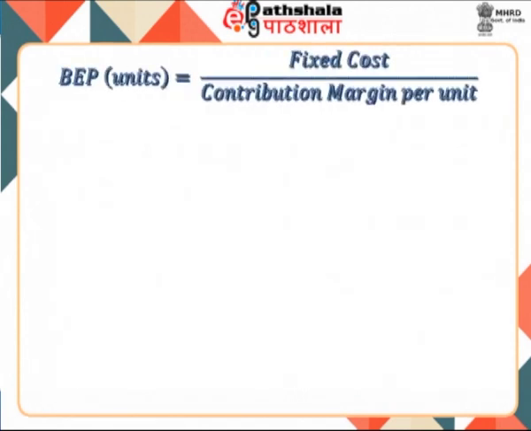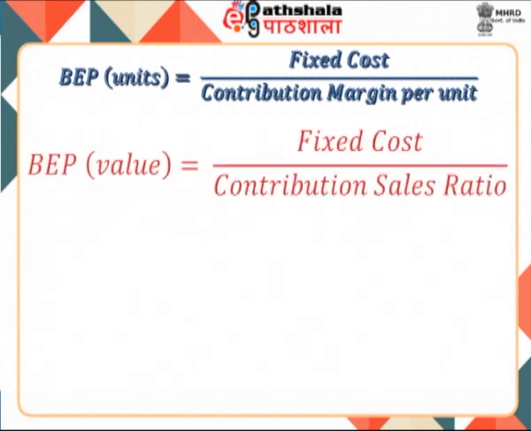Thus, break-even point in units is equal to fixed cost divided by contribution margin per unit, and break-even point in value is equal to fixed cost divided by contribution sales ratio.